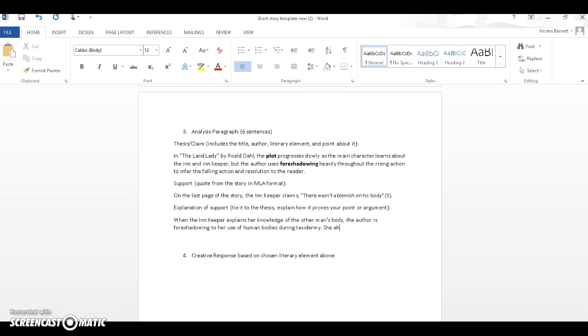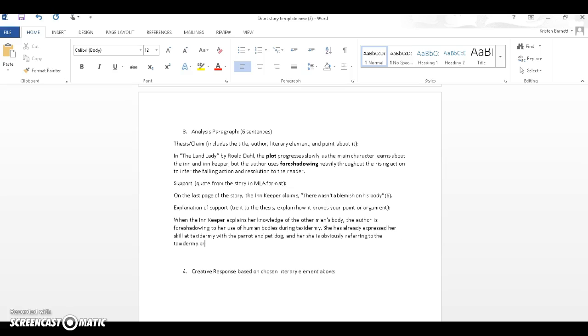She has already expressed her skill at taxidermy with the parrot and pet dog, and here she is obviously referring to the taxidermy process done on the other guest.